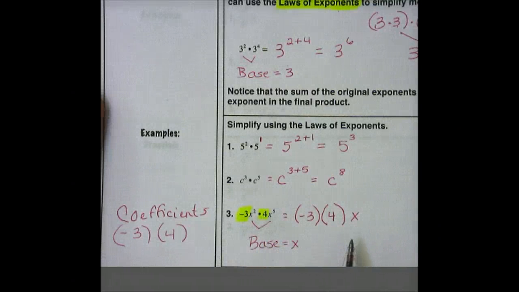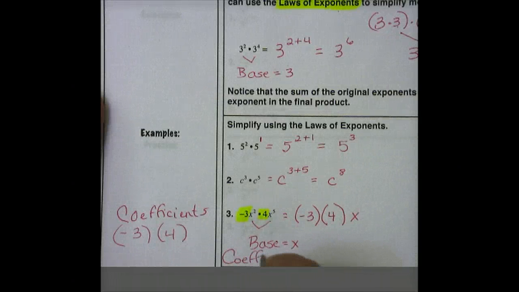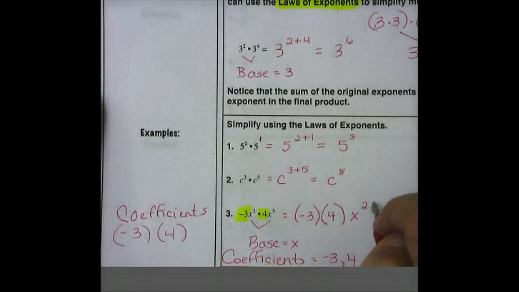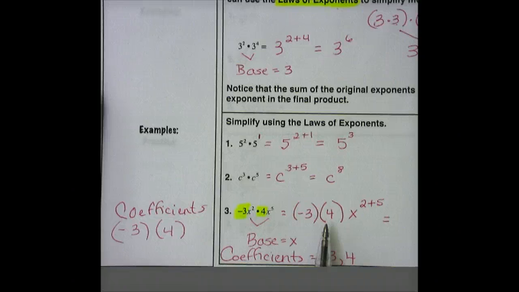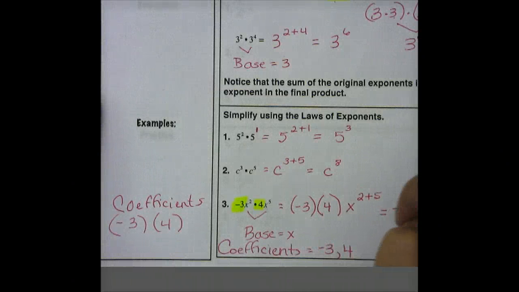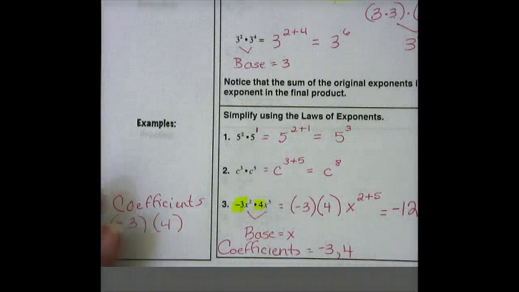So our x is going to stay the same. We're going to add our exponents, 2 plus 5. So we multiply the coefficients here because these are not the base. The base is x, so we're going to multiply these two numbers and get -12, and then x to the 7th power.